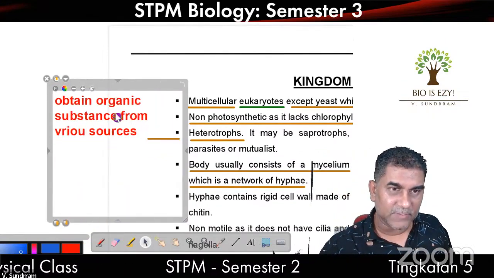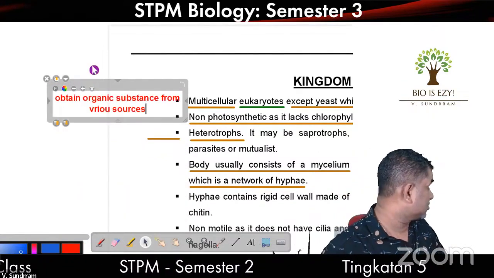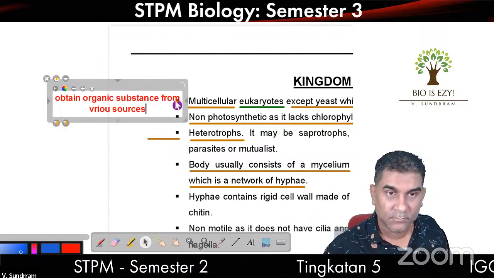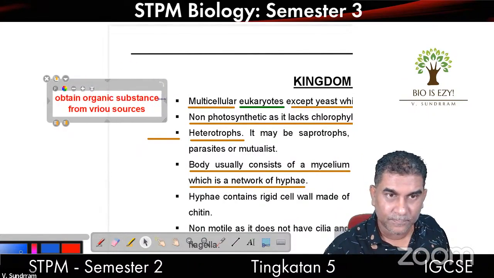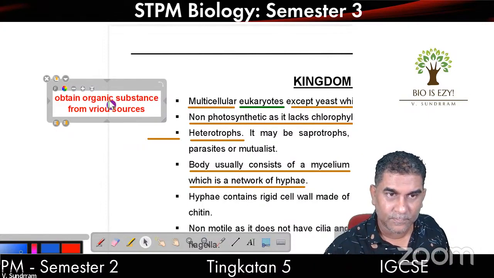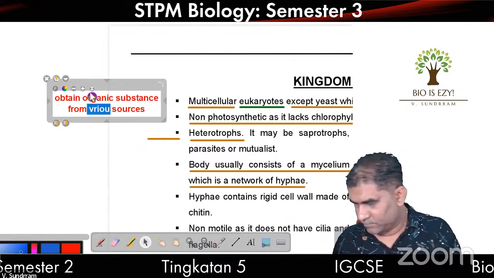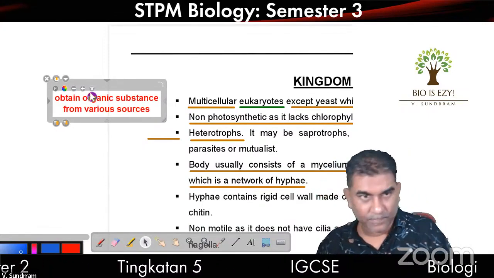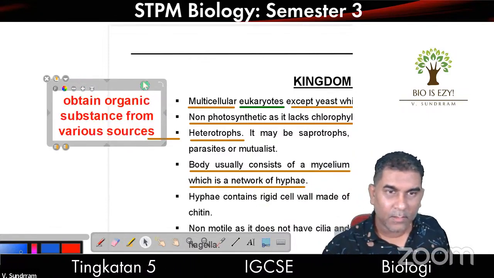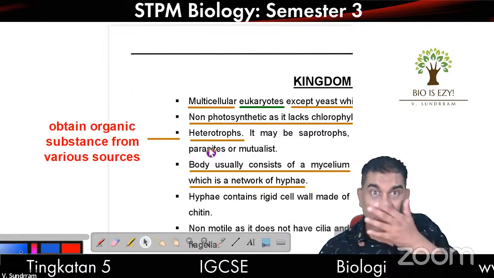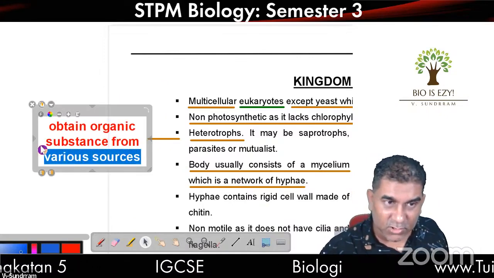That's the meaning of heterotroph. So the word here is various sources.